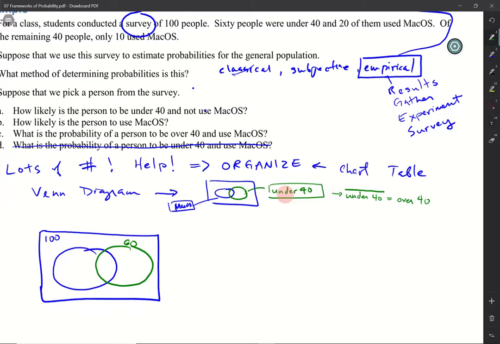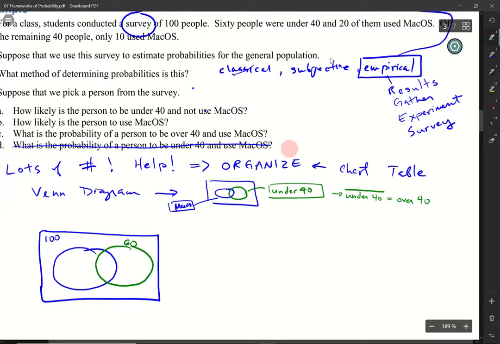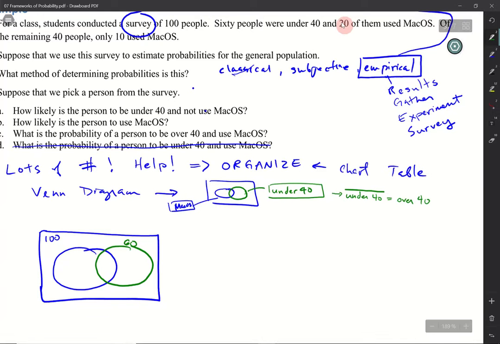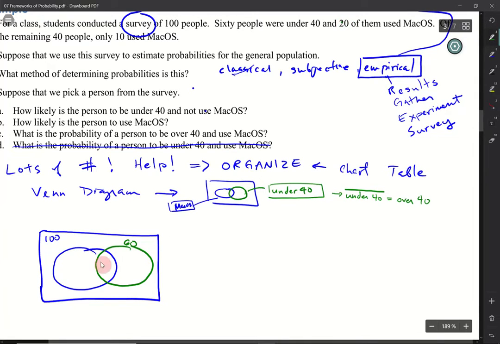Where would we put the 20? Oh, we didn't designate a spot for it yet. In the middle, right? What's the middle called? You mean like right there?